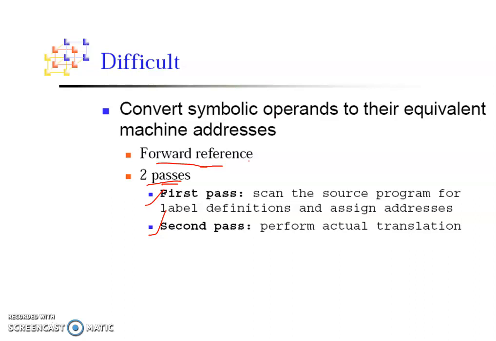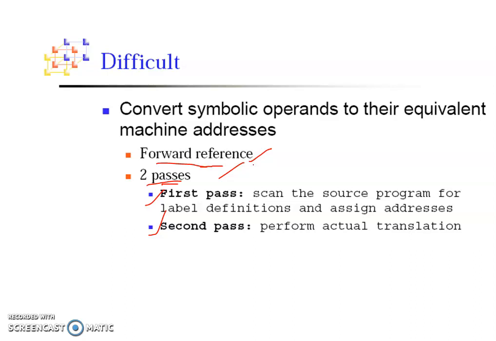So why is it difficult? It is having forward reference and also it is of 2 passes. Forward reference means some label or symbol is encountered and its address is defined later in the program. Such cases can be resolved using this 2 pass.